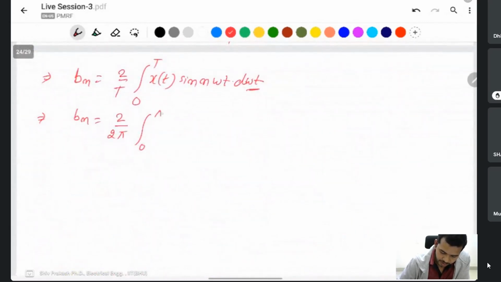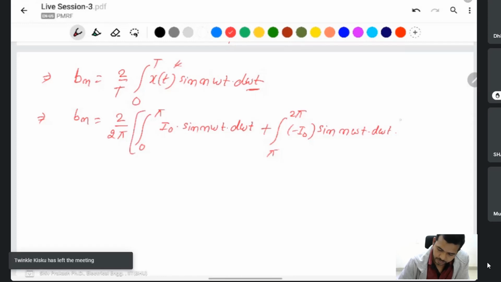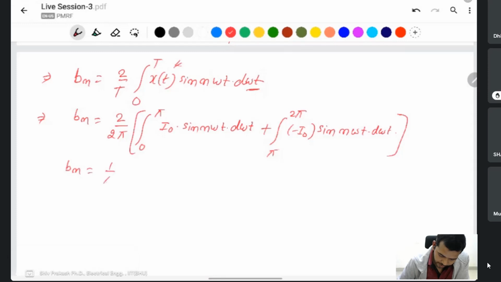From 0 to π, I0 is x(t), this is the current i(t), times sin(nωt) d omega t, plus integration from π to 2π of minus I0 sin(nωt) d omega t. Then 1 by π; you can take I0 common.